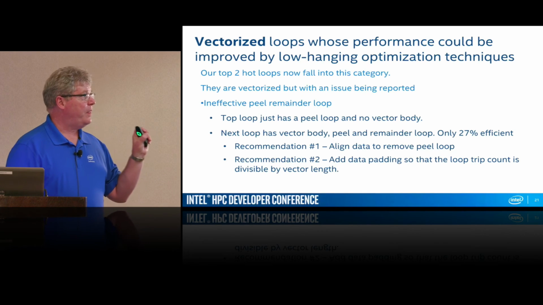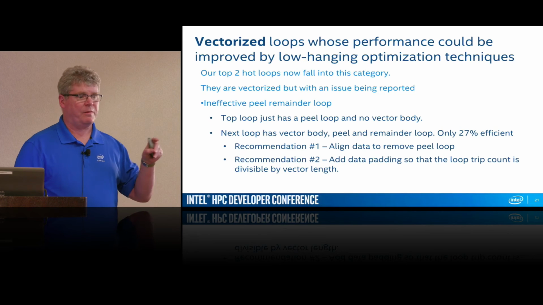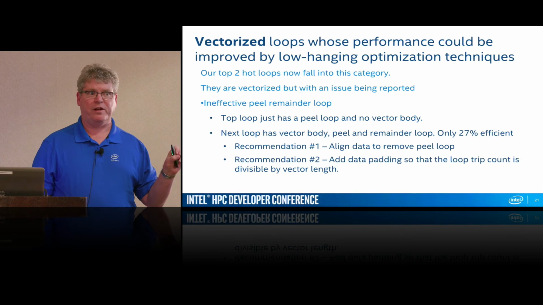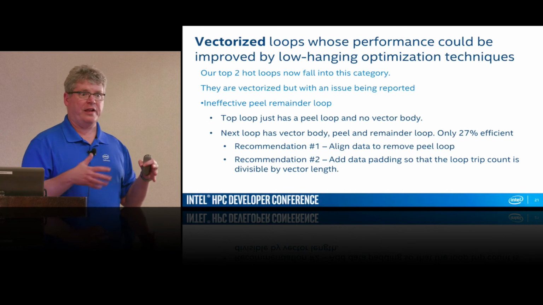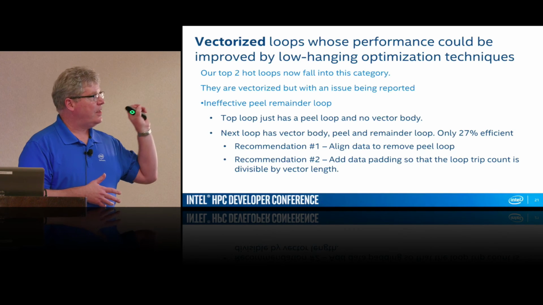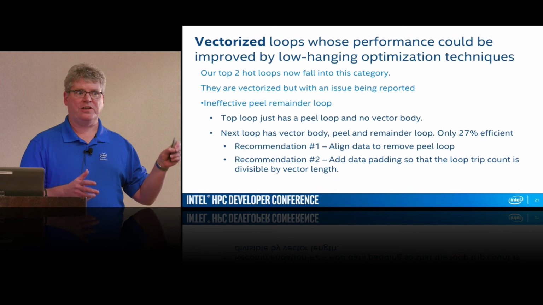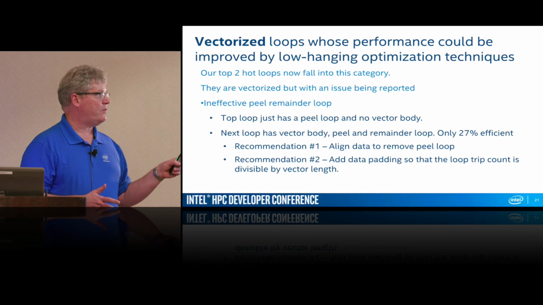The top loop has no vector body. All it has is a peel loop. I think in this case, my trip count for this loop is pretty low, and it might not have felt that it had enough iterations to put in a vector body, but regardless, since it doesn't have a vector body, it's not going to be efficient, even if it is vectorized.